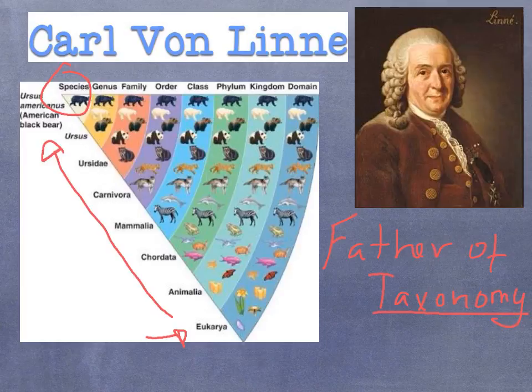For example, in the domain Eukarya, which is one of the biggest taxonomical categories of all, we will have a lot of different types of organisms. We can have from a fungus to a fish to a zebra or a dolphin, and also a bear. They are all grouped together because they have cells with a nucleus, eukaryotic cells. This is the highest or broadest taxonomical category of all.